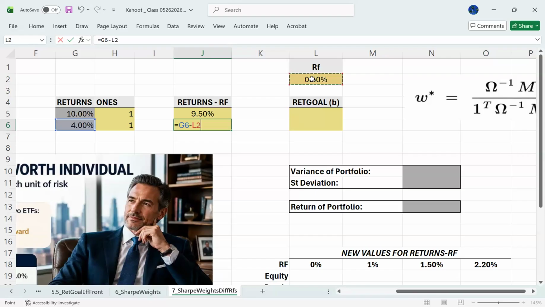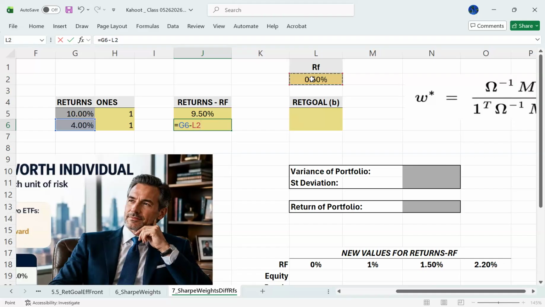There's a whole theory behind it, and we're not going to discuss it too much, but the whole idea here is that we are interested in units of return beyond the Treasuries, and that's the only thing we care about.